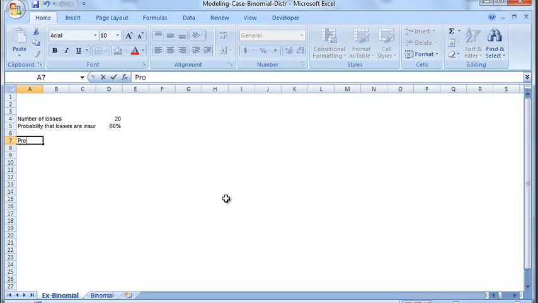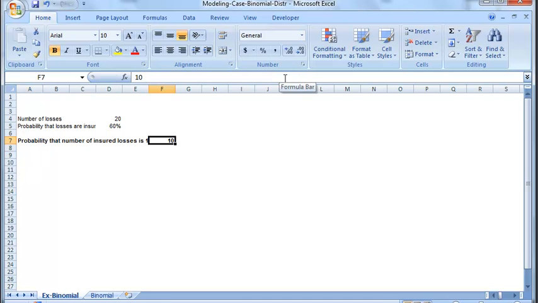Now we have to find the probability that the number of insured losses is equal to 10. How do you do this? We know the number of losses is 20.